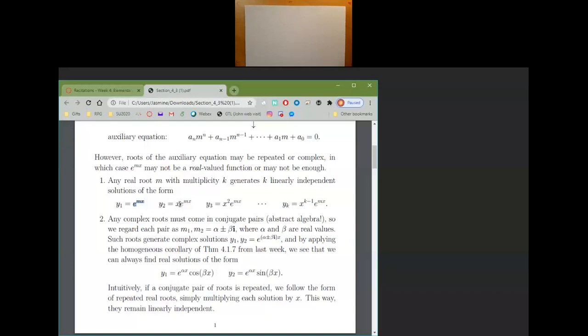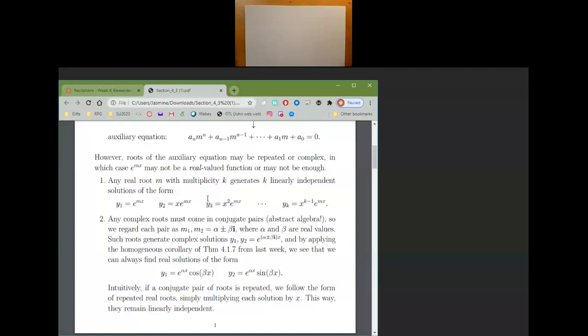And so it is mathematically consistent and very convenient for us that this works, that we can say, okay, well, just multiply an x out front every time you need an additional one of that form. So if you have a final solution that has x squared e to the mx in it, that implies subtly that there had to have been two more before it. Otherwise, you wouldn't have used this one, right?